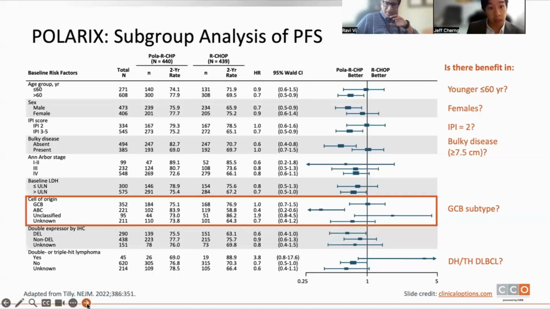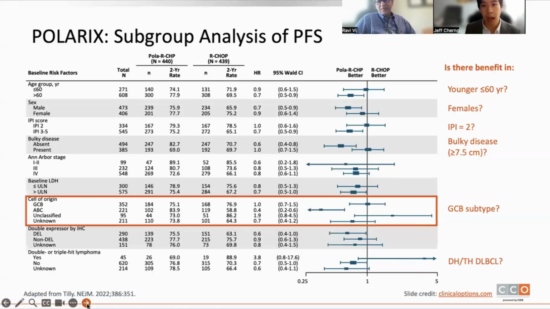For patients with GCB subtype by cell of origin that do not have double hit or triple hit lymphoma, I am still considering Pola-R-CHP for patients with a higher IPI because I do think there may be some preferential activity in higher risk patients there.